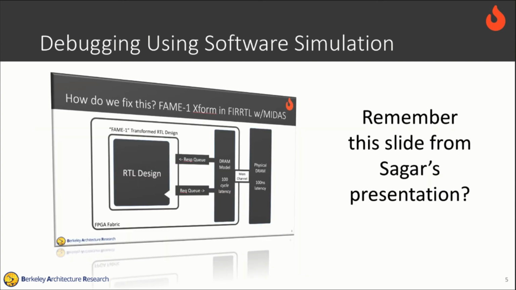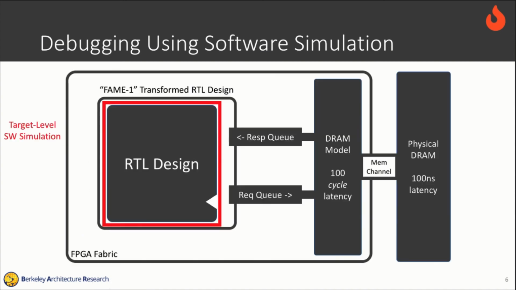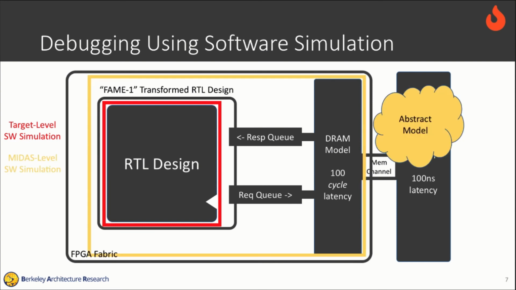So just to try and illustrate this, if we take the slide that Sagar presented earlier about how the DRAM model interacts with the physical host DDR and how that interacts with the RTL design, then in target level software simulation, we're looking just at the RTL design, whatever is before it was F1 transformed, just your vanilla Rocket Chip Project Template.